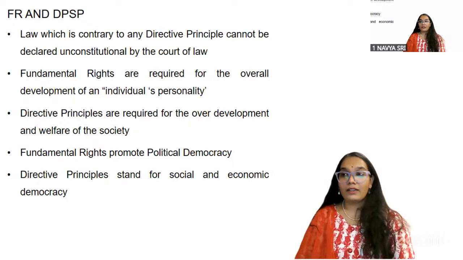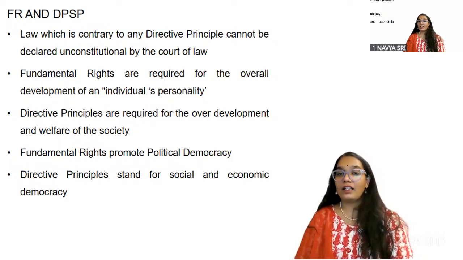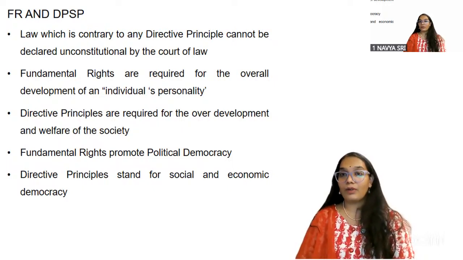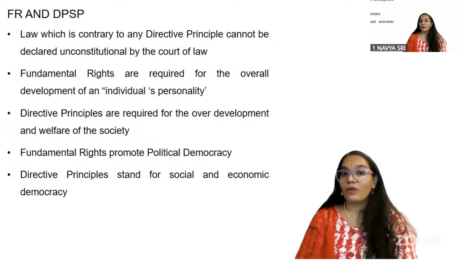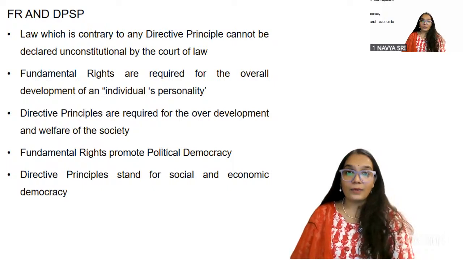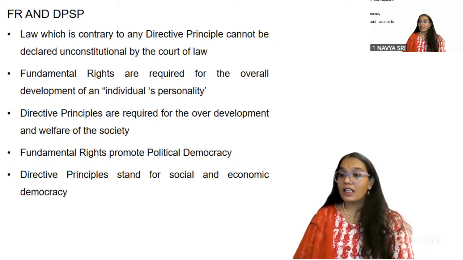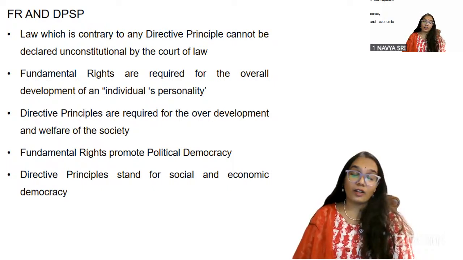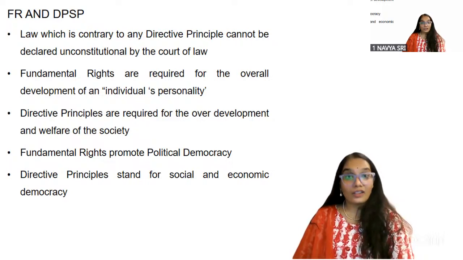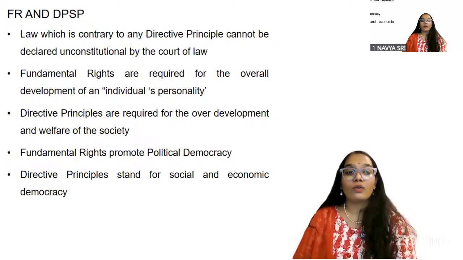Because if there is a difference between fundamental rights and directive principles of state policy, fundamental rights shall be followed first. So any law that has been made contrary to the DPSPs cannot be declared unconstitutional by the court.